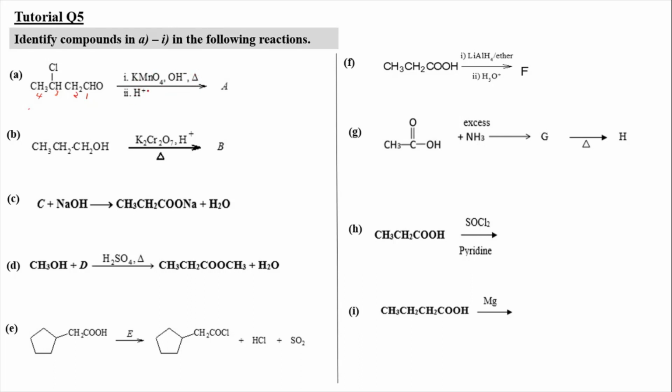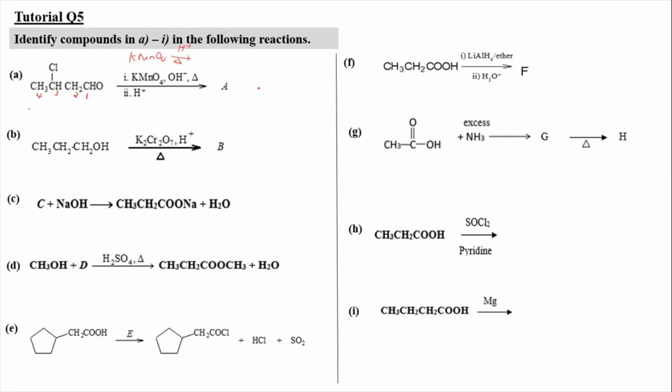So basically this situation here is the same as KMnO4 at high temperature in acidic condition. Initially they are in alkaline, but at step number 2 it's going to be acid. So overall it's going to be an acidic condition. So aldehyde is going to undergo oxidation with a strong oxidizing agent in order to produce a carboxylic acid.